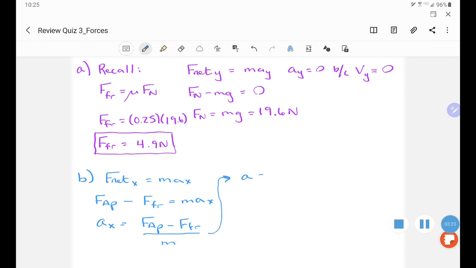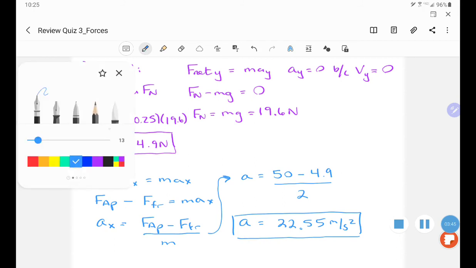So acceleration is going to be 50, which is the applied force, minus our 4.9, over the mass of 2. So acceleration becomes 22.55 meters per second squared.